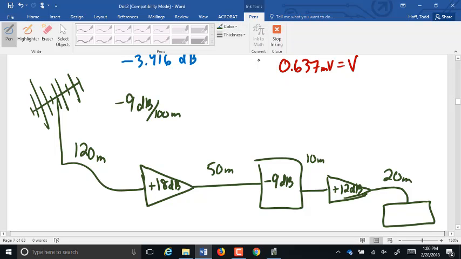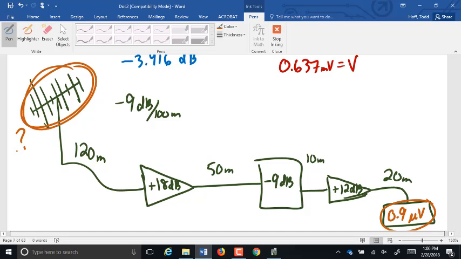But let's say this. We need 0.9 microvolt signal level here. What do we have to have for a signal level coming in off the antenna to achieve a 0.9 millivolt signal level?